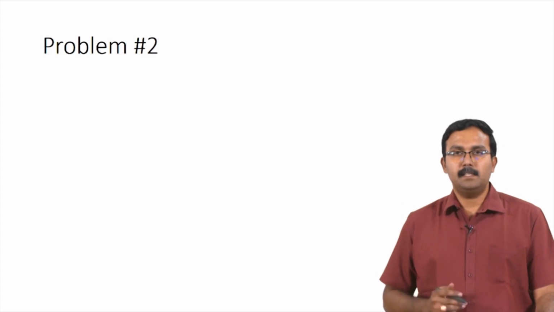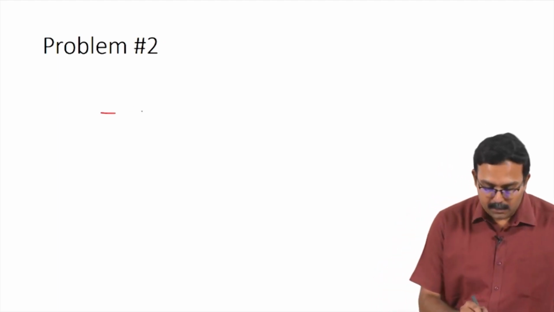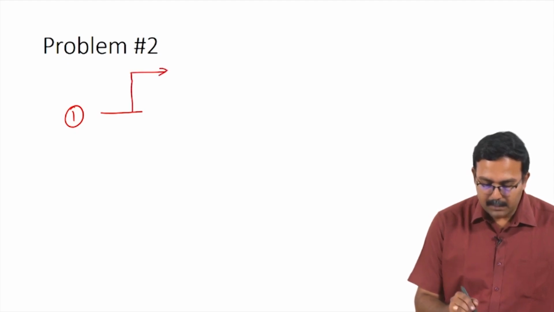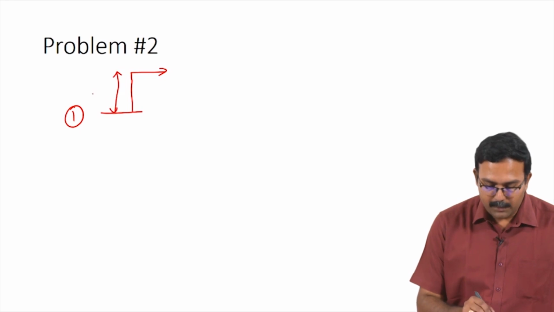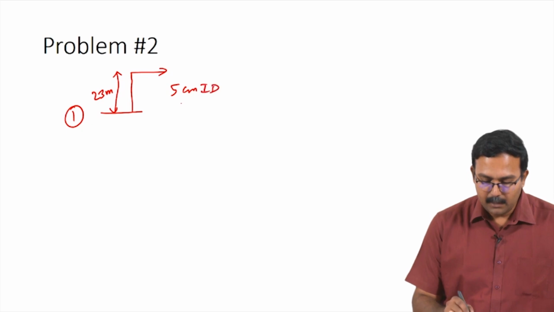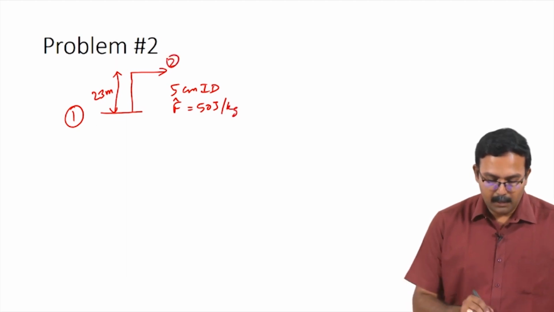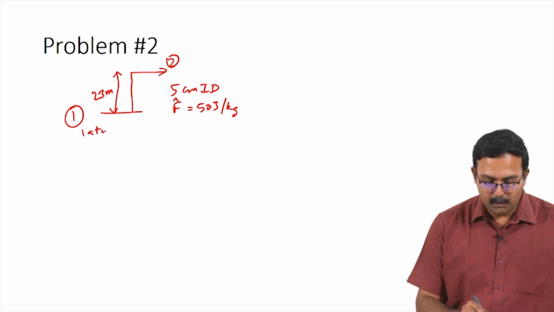The problem statement tells us that the pipe discharges the liquid 23 meters above the liquid level, which means this is the liquid level, let us call this point 1, and from here the discharge happens at a height of 23 meters above the liquid, through a pipe which is 5 centimeter inner diameter, and the friction factor is equal to 50 joules per kilogram. We also know that at points 1 and 2 the pressure is 1 atmosphere.